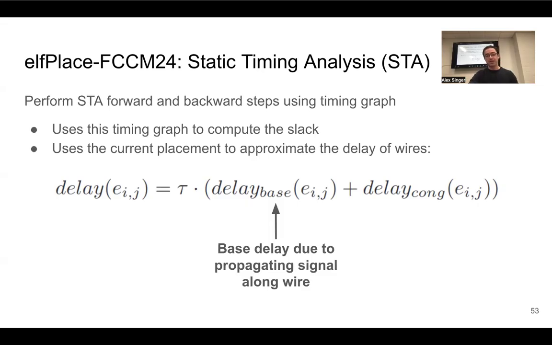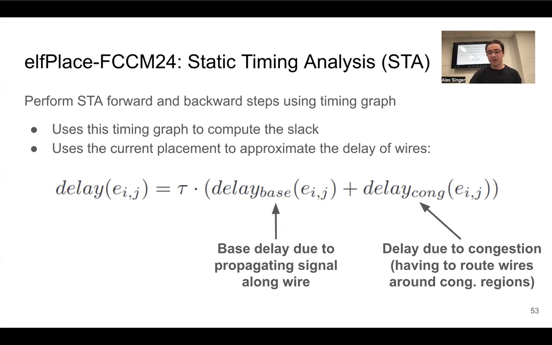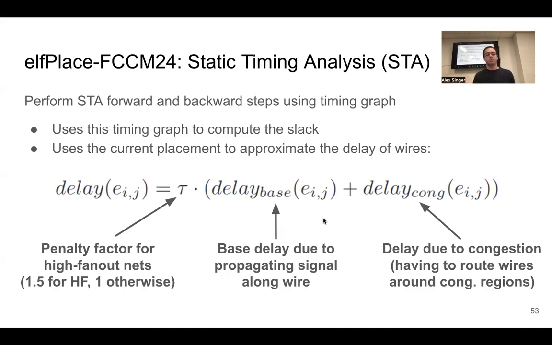Base delay is due to the propagation of signals along a wire, and the congestion delay is the delay due to congestion, having to route wires around congested regions. And finally, tau is just a penalty factor for high fan-out nets. I think they said 1,000. So if a net has higher than 1,000 pins, it will be given 1.5, 1 otherwise. So that's how they compute delay within their timing graph.